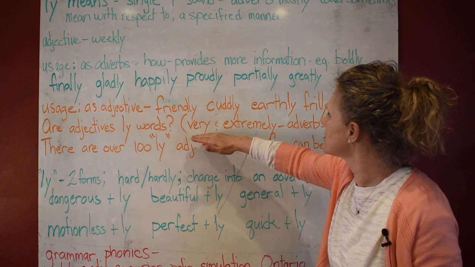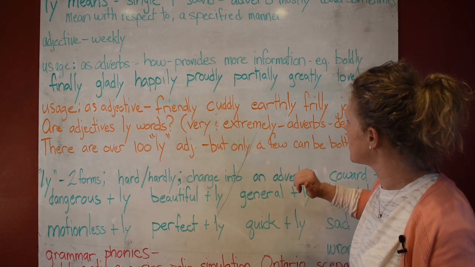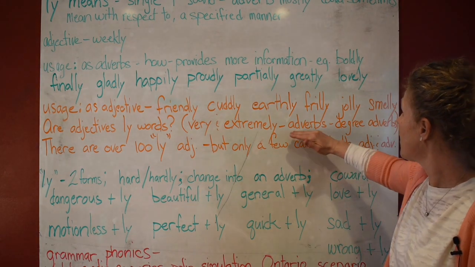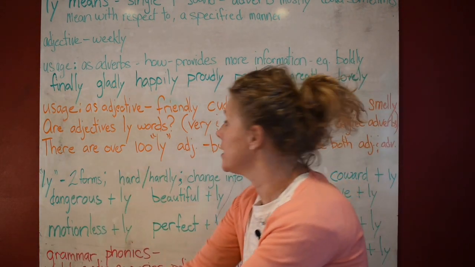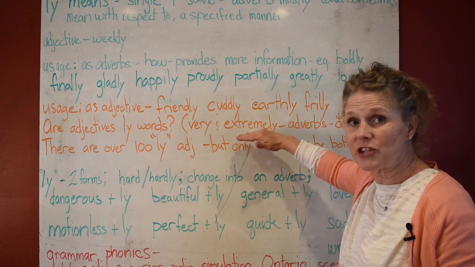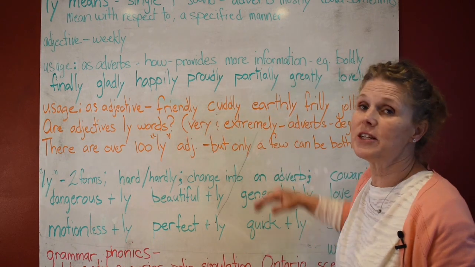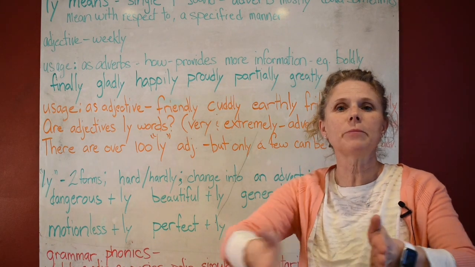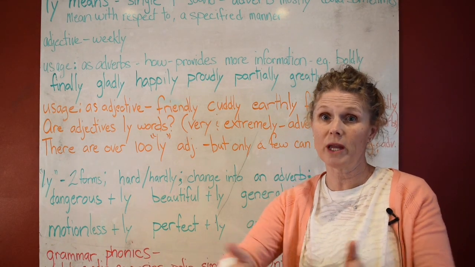So look at these, very and extremely. So very and extremely, they're actually adverbs to a degree. And a lot of people think these are adjectives when they're not. They oftentimes come before your noun, but there's typically an adjective between that.